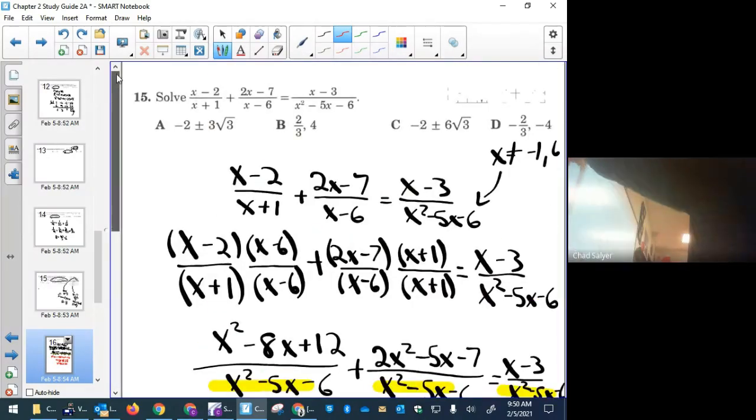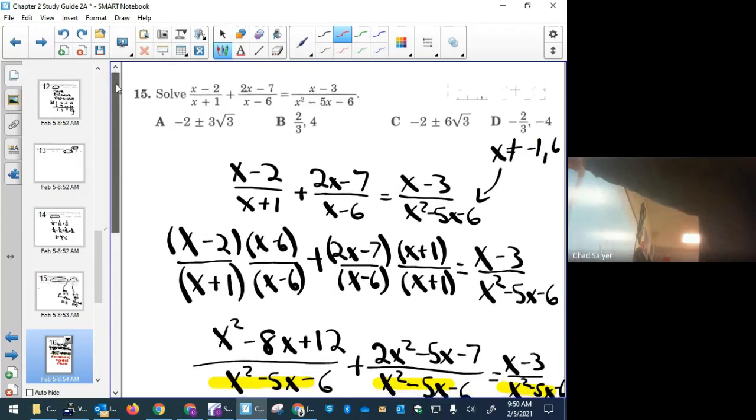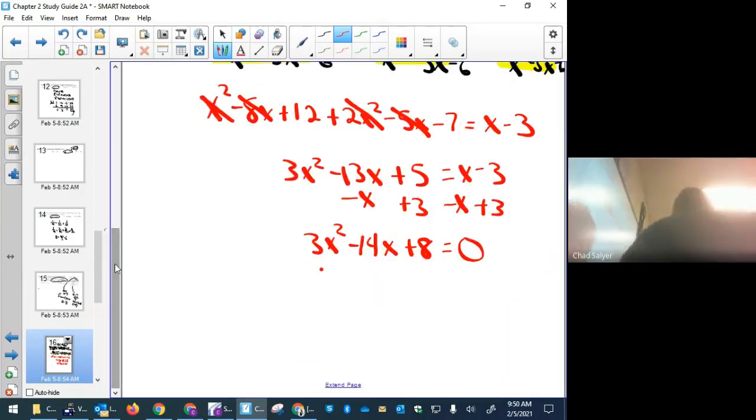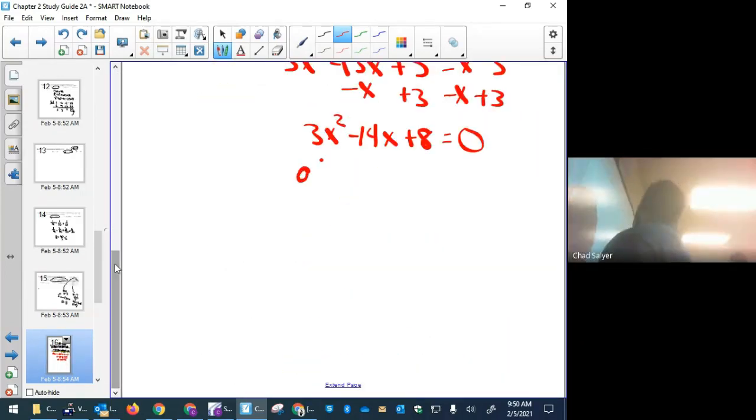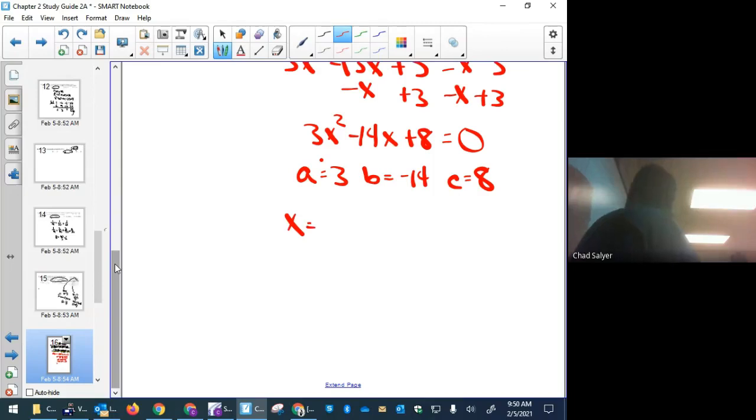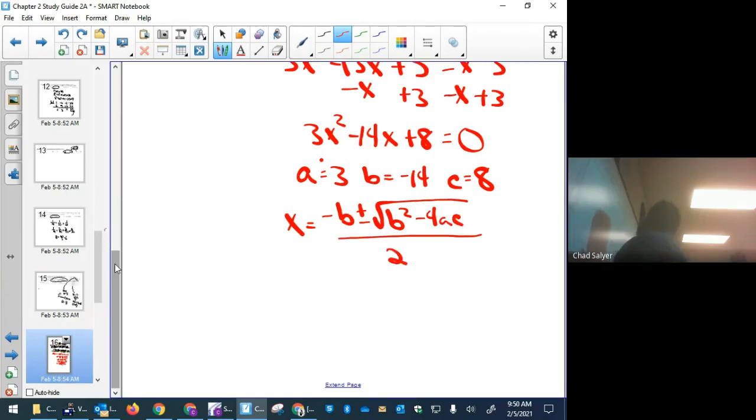Looks like the quadratic formula might be a good choice here. So a equals 3, b equals -14, c equals 8. x equals -b plus or minus the square root of b squared minus 4ac, over 2a. You could also use your calculator, of course.